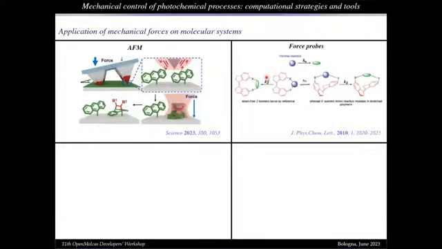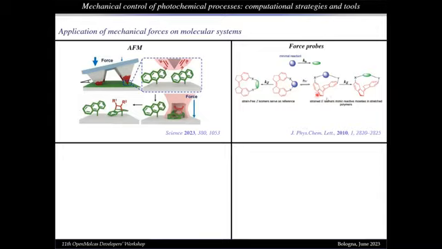It's also possible to use force probes. This is a quite common way to introduce mechanical forces. In this case, we have a molecule which is called mechanophore that can undergo some chemical reactivity. And if we attach to this molecule a molecular system that introduces some strain to the system, in this case, this strain is controlled because this force probe is in fact a photoswitch that has two states, cis and trans.